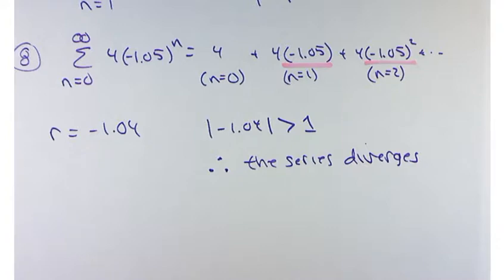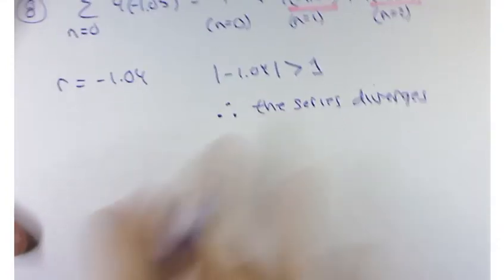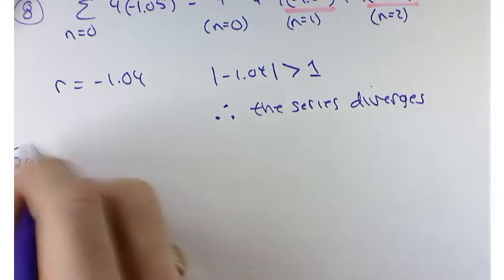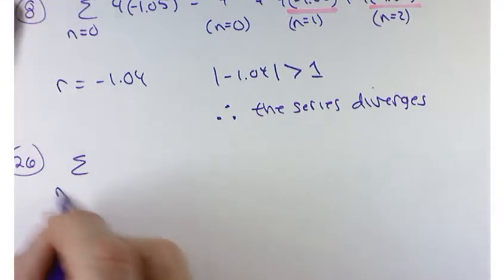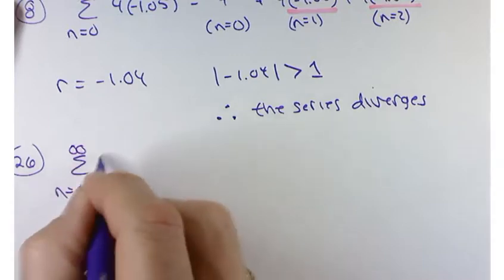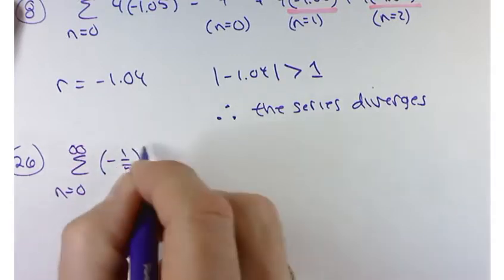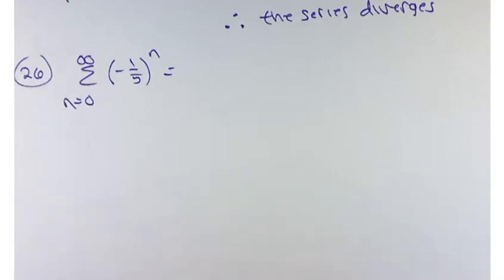Let's take a look at problem number 26. So the sum from n equals 0 to infinity of negative 1/5 to the nth power. So kind of like the last one, let's write out the first few terms.